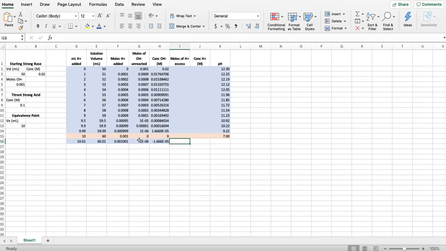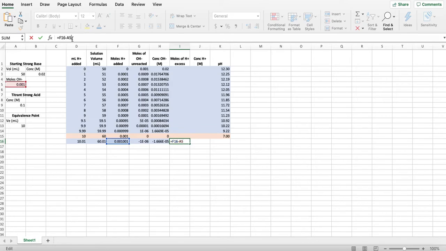And just how this was H plus added minus the moles of OH minus unreacted, what here we're going to do is basically the opposite. So it's going to equal the H plus added. I think I said that wrong before, sorry.